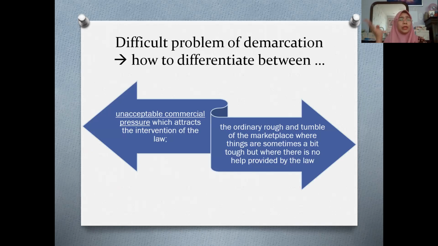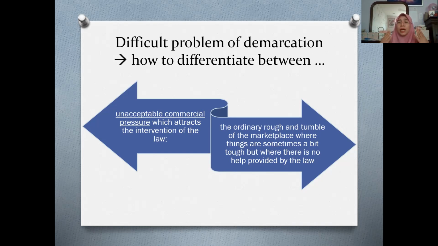But again, how do we draw a line between acceptable commercial pressure and something beyond that? How do we differentiate unacceptable commercial pressure, which will attract the intervention of the law? The law will come over to assist. But in some other situations, it's just mere commercial pressure, the ordinary rough and tumble of the marketplace.